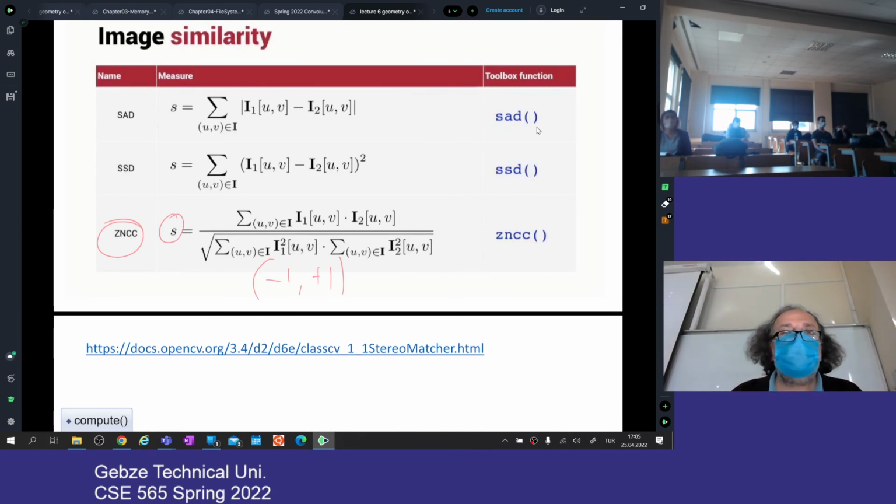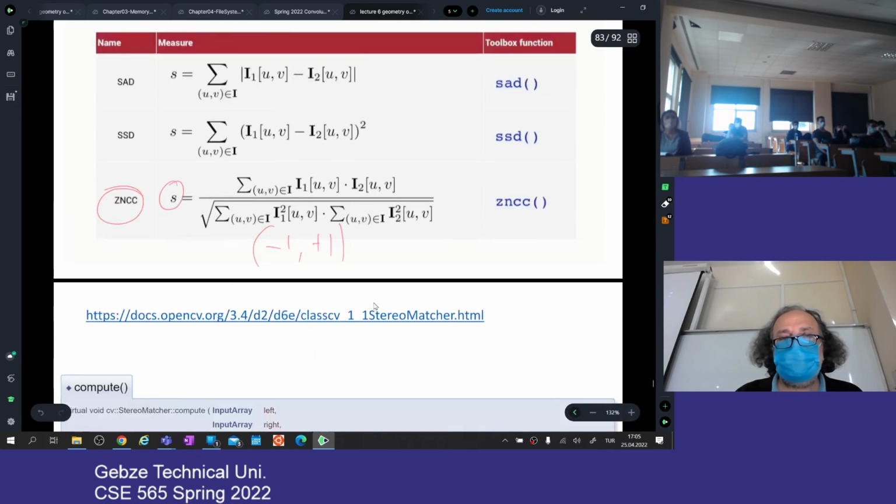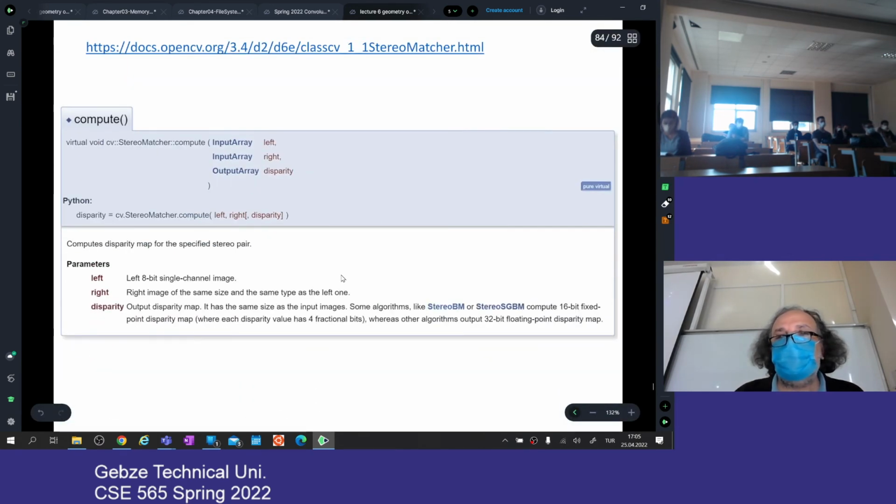OpenCV has many algorithms to calculate the disparity. You just give the input array left, input array right, the left image and the right image, and you give the output array as a disparity, and it will calculate the disparity and give it to you. But the thing is that this is a pure virtual function. There is a hierarchy here, okay?